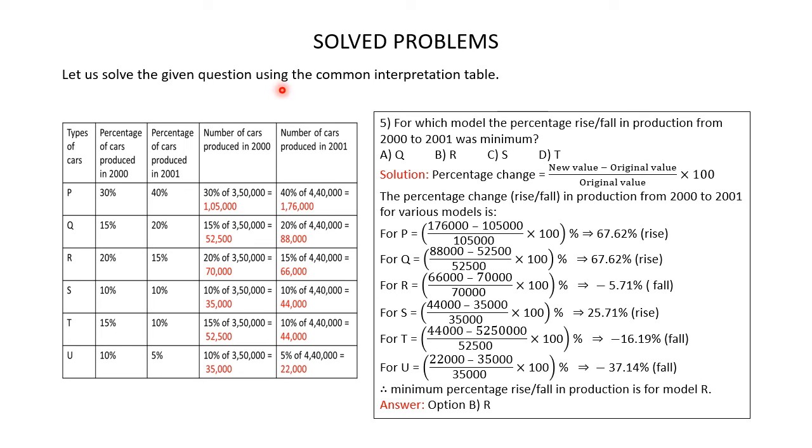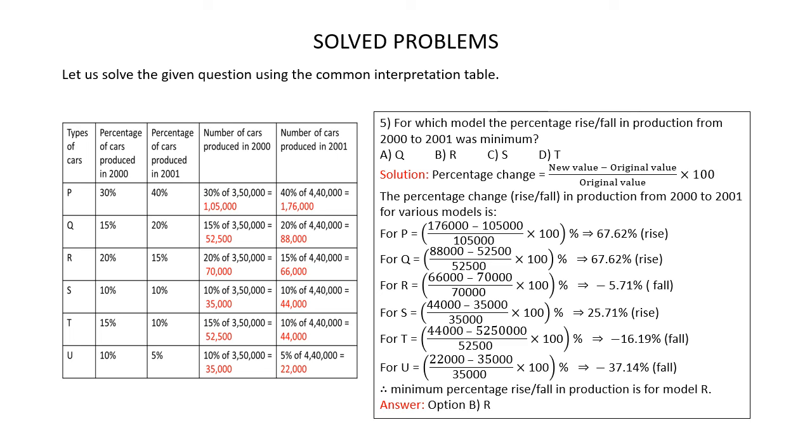Let's solve the given question using the common interpretation table. For which model the percentage rise or fall in production from 2000 to 2001 was minimum. You are given 4 options here and you will find out which of these options is the correct one. So here you have to find the percentage rise or fall.